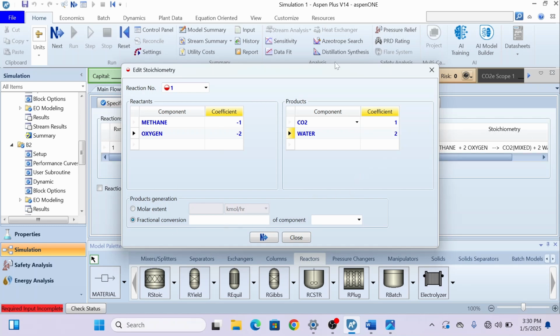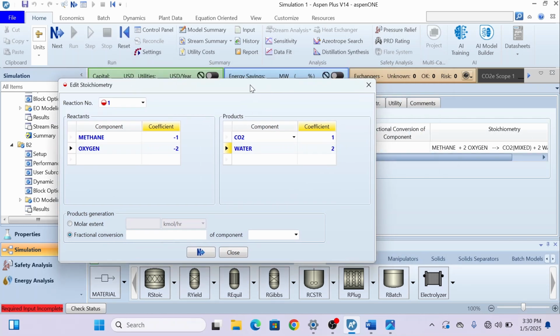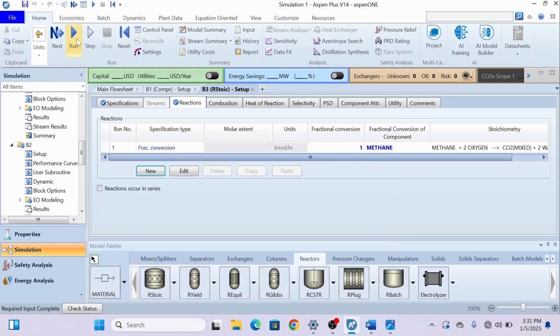So I think this is the balanced equation for our reaction. For fractional conversion, I want 100% of the methane to be converted, so I will write 1 for methane. Now you can see that the run button has been activated, so I can run this simulation.